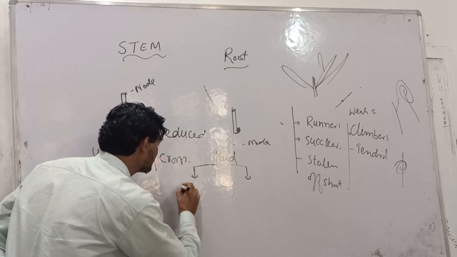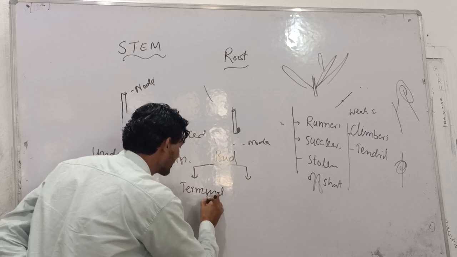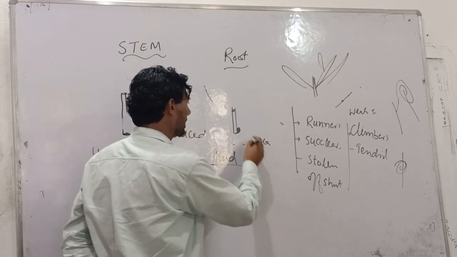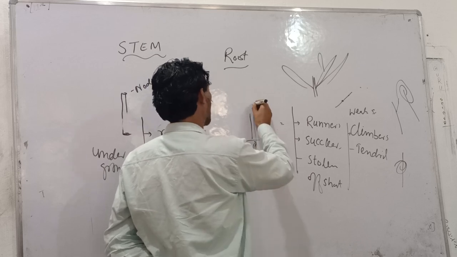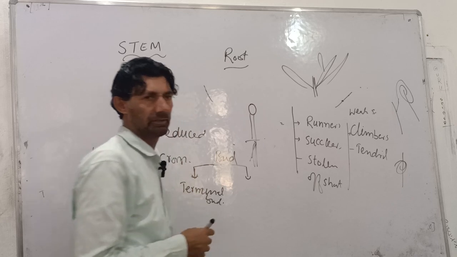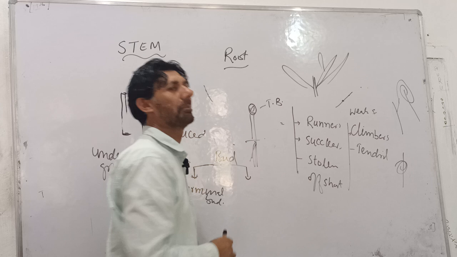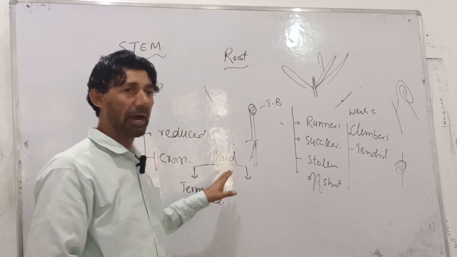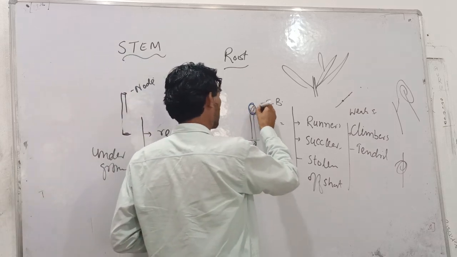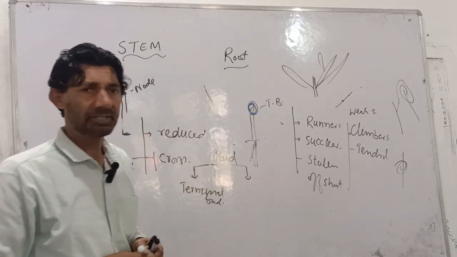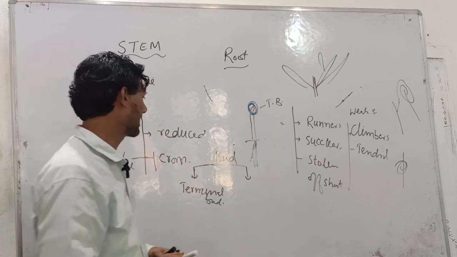One is called a terminal bud. In some plants there is an apex, and the bud at the apex of the stem is called a terminal bud. The bud that is formed on the apex of the plant is called a terminal bud.